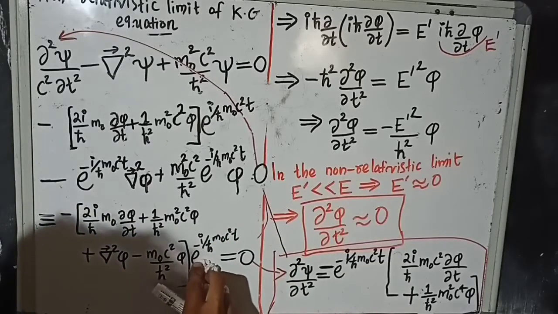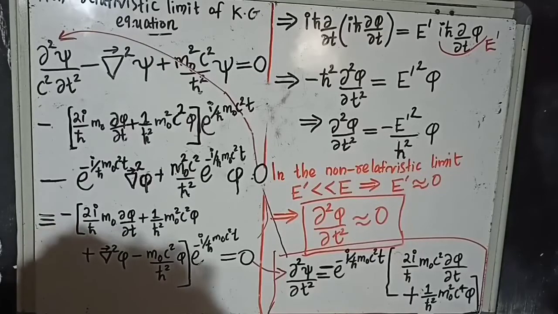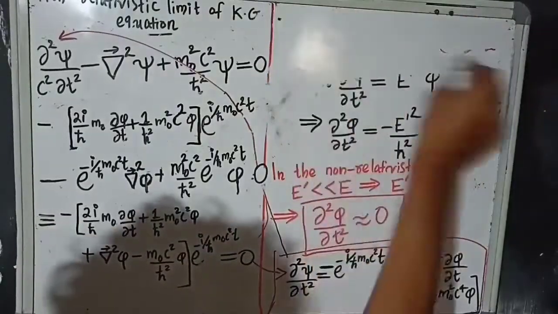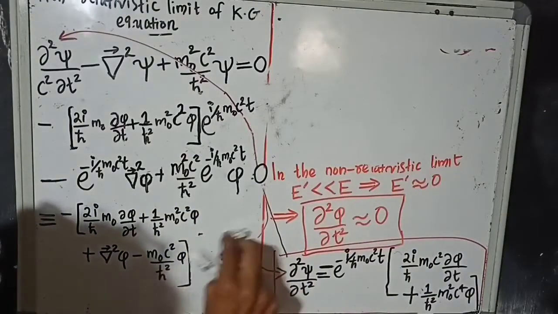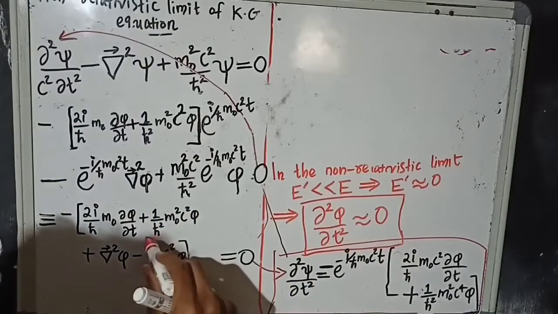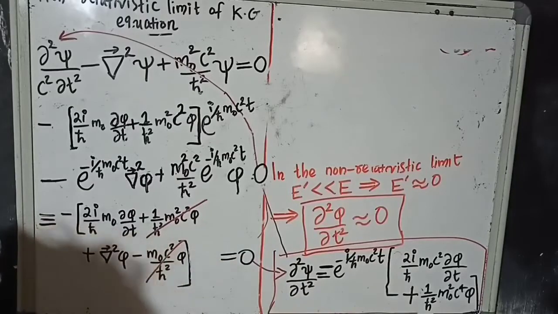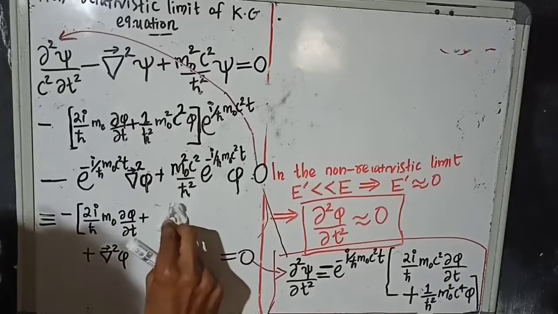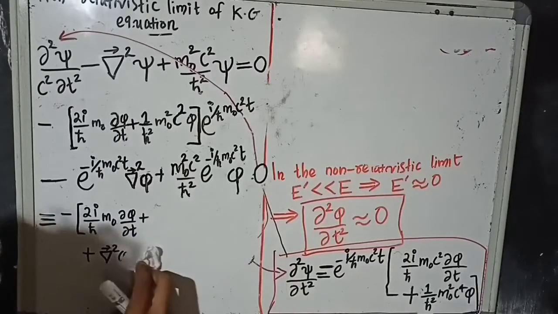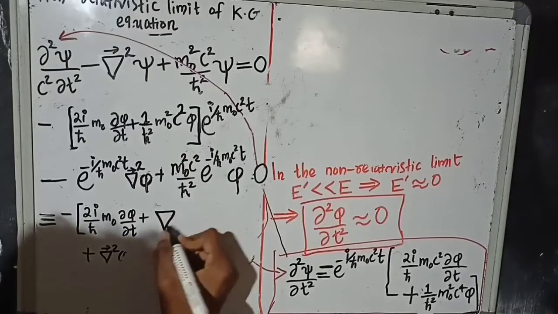The RHS is 0, so I can take this exponential part to the RHS and cancel it. Also the second term and this fourth term are the same, so I can cancel them. Let me rub this all out and write this ∇²φ just above.